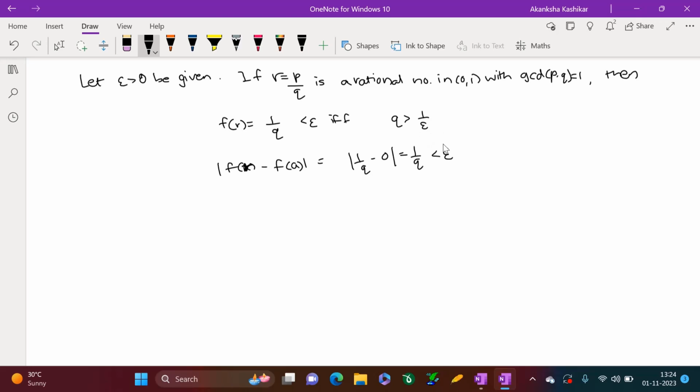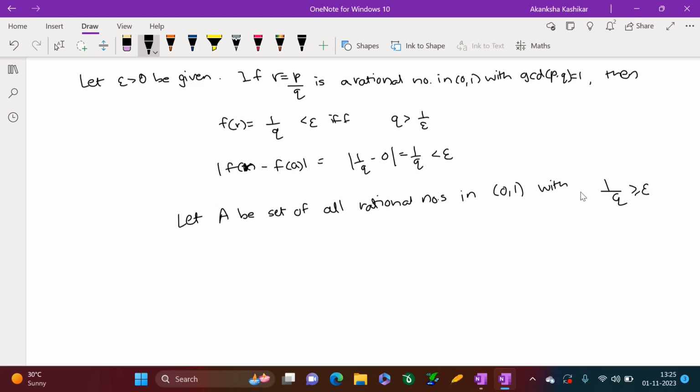Let us consider the set of all such numbers. So let A be the set of all rational numbers which would possibly cause problems. So the set of all rational numbers in (0, 1) with 1 by q greater than or equal to epsilon.